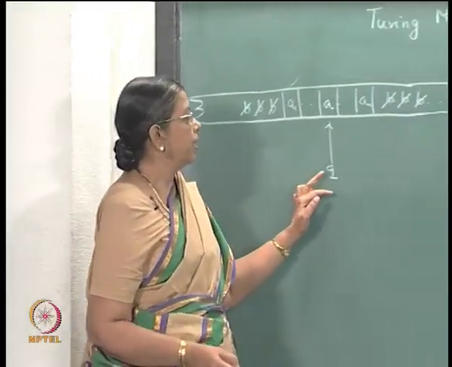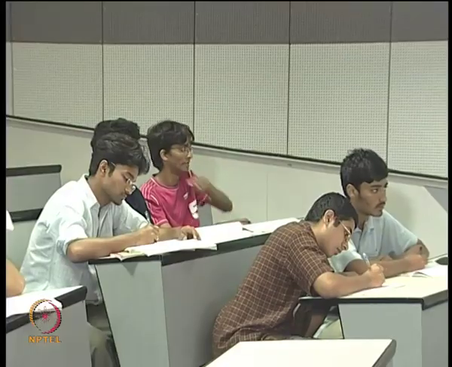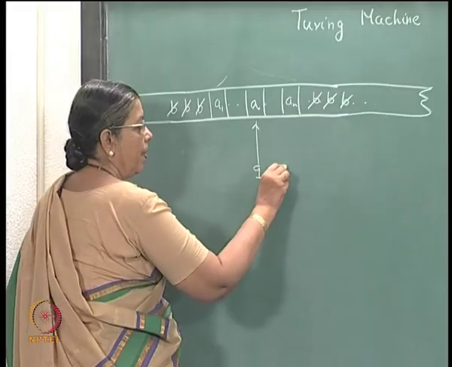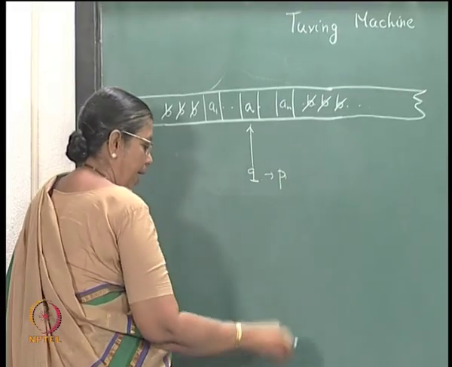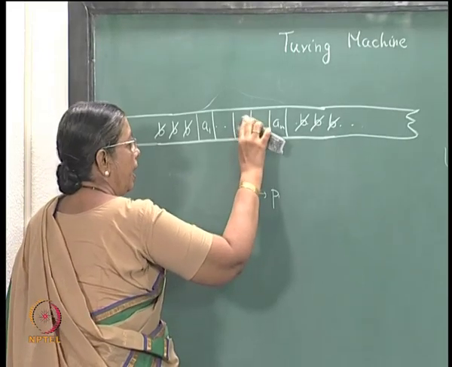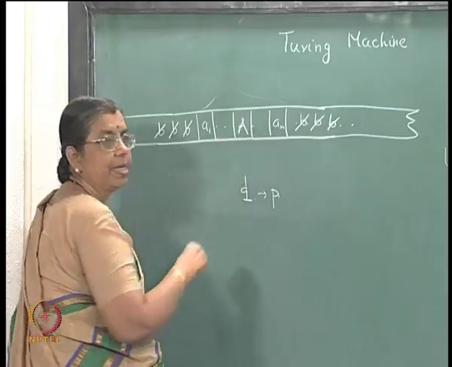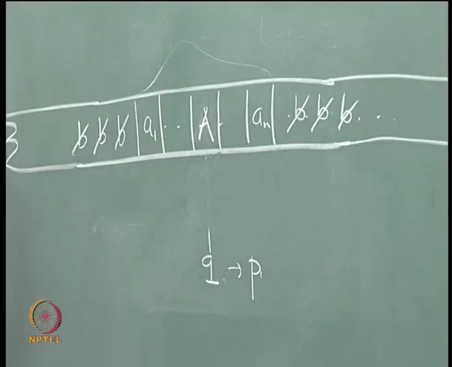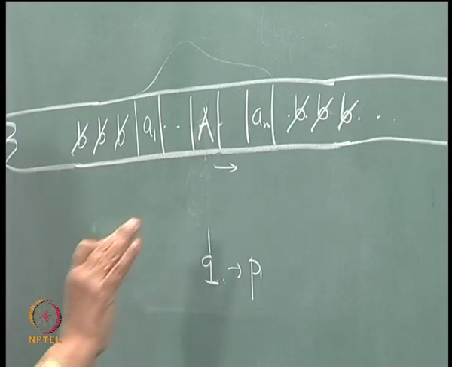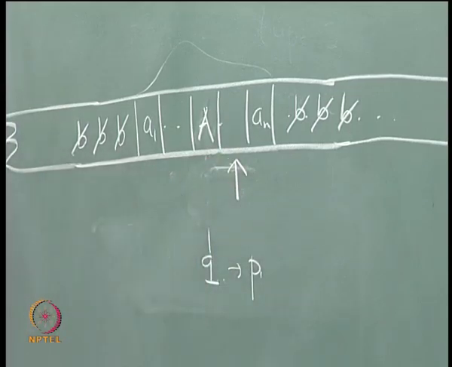The current state is Q and the symbol read is A. The next instance, the state can change to P, and this symbol will be read, and you can rewrite over that symbol. Something else will be written on that cell, and then the tape head can move right or left.